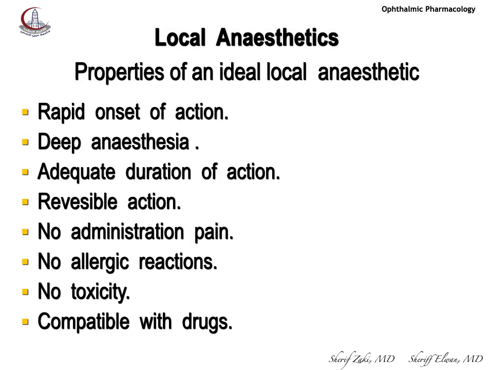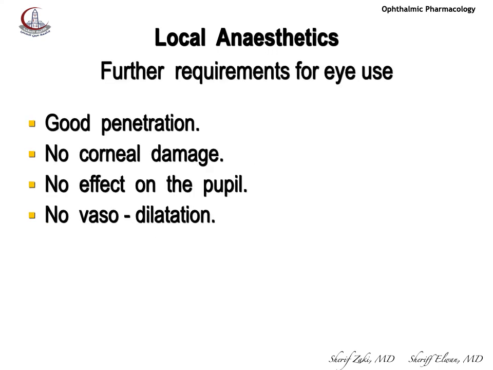A local anesthetic used in ophthalmology must have the following properties to be considered an ideal one: rapid onset of action, deep effect, adequate duration of action, reversible action, no pain while administered, no allergic reaction, no toxicity, and compatibility with other drugs. Further requirements for the eye include good penetration, no corneal damage, no effect on the pupil, and no vasodilatation.